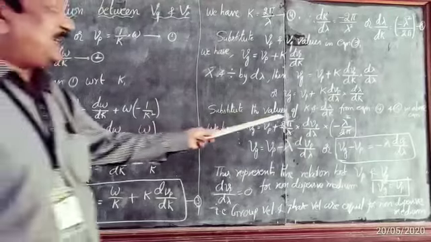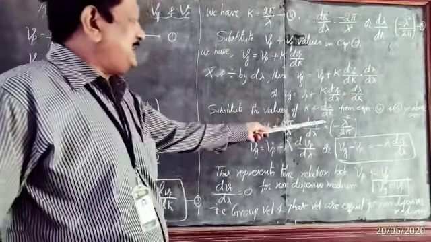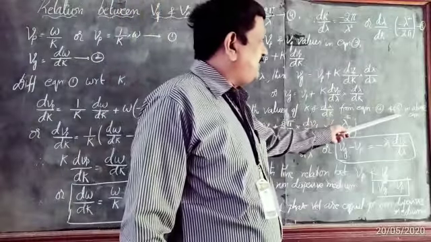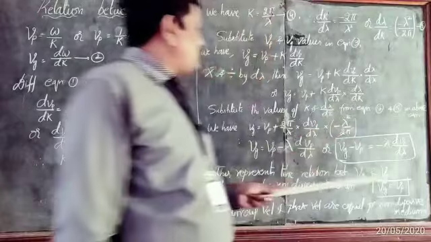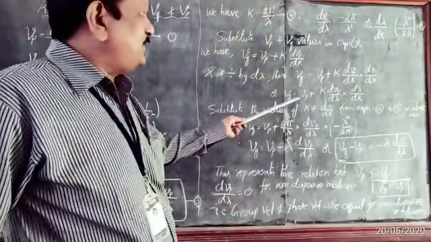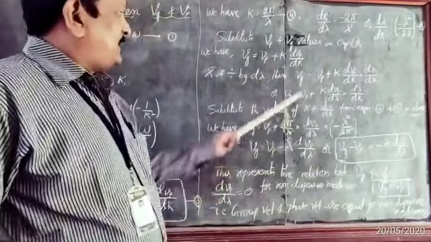Substitute the values of k and d lambda by dk from equation 4 and 5 in above equation.